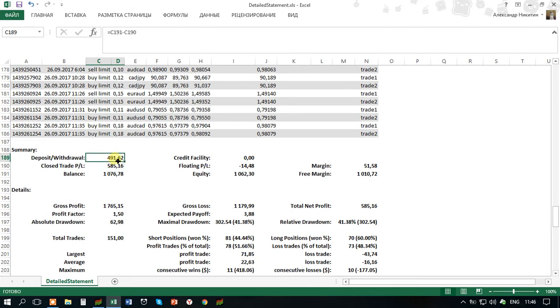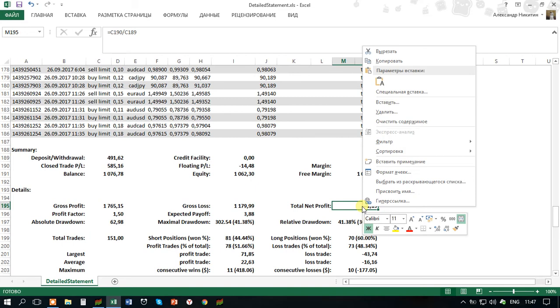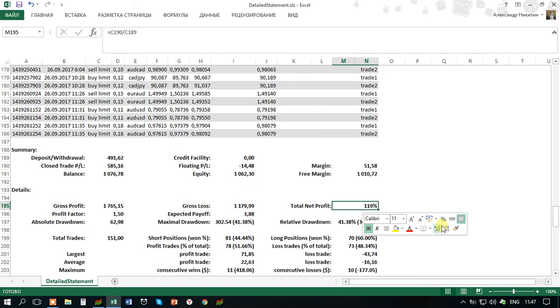It is actually 500, but when I deposited the money, some commissions were paid, and that's why it is $9 away. So let's calculate the percentage of gain. It equals the total amount that I have generated divided by the initial amount. So I get 1.19. It means that I have generated 119%.